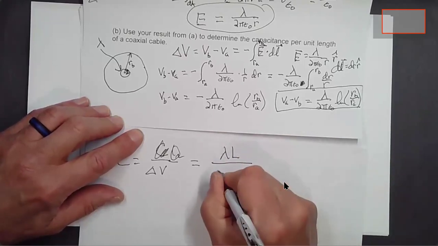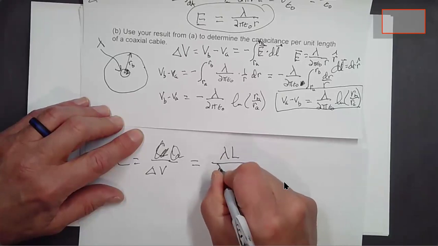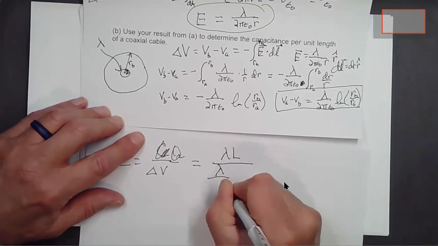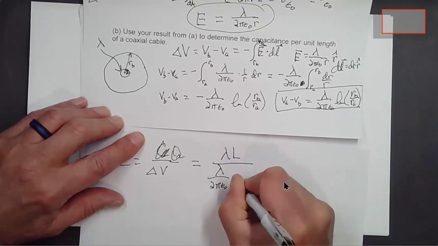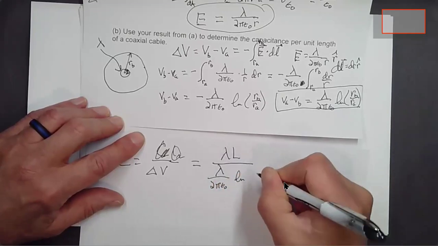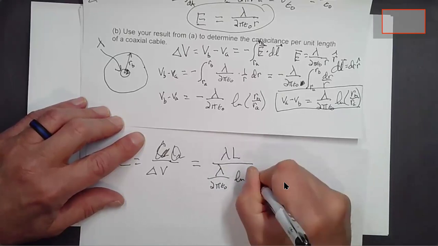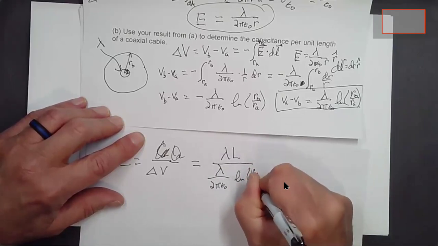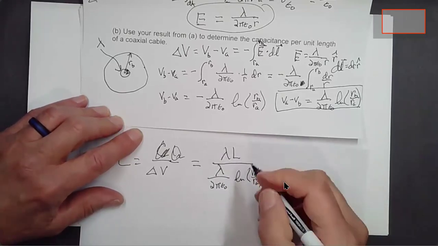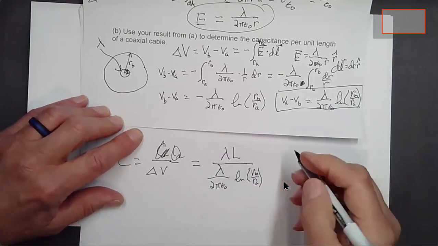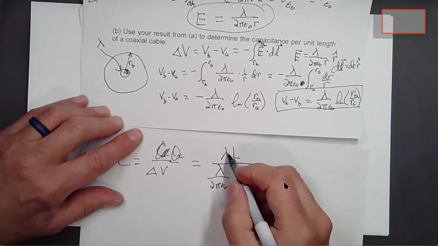So on the bottom, we'll have lambda, again, over 2 pi epsilon naught, and then I've got that natural log down there of RB over RA. Okay, well, let's see. The 2 pi epsilon naught is going to come up front, up top.